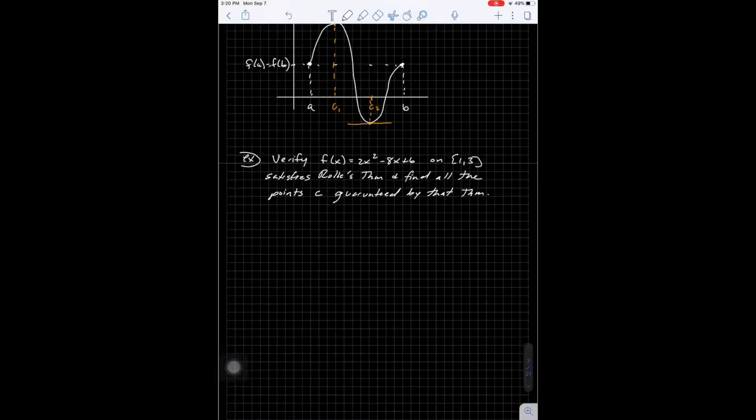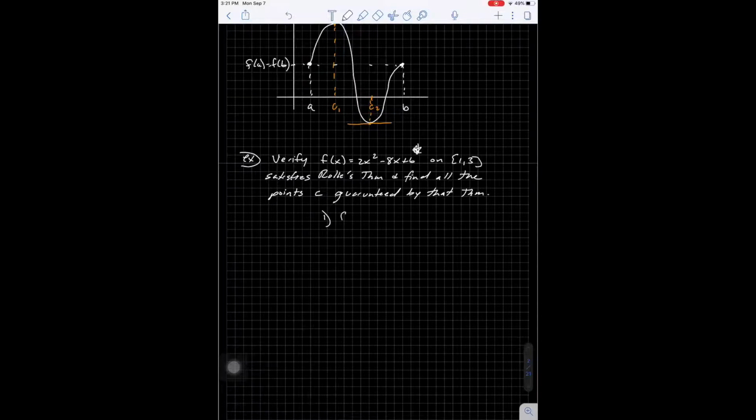Okay, so this is kind of like our continuous function at a point problems that we did way back in chapter 2. You just basically have to verify the parts of the theorem. Continuous and differentiable is a little bit of a hand wave because we're going to assume that we are all aware that a parabola is continuous and differentiable. So all I'm going to do is state that.